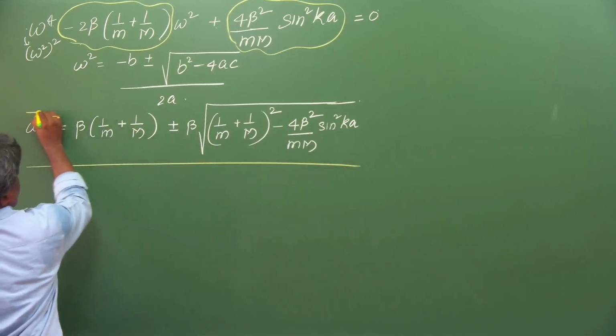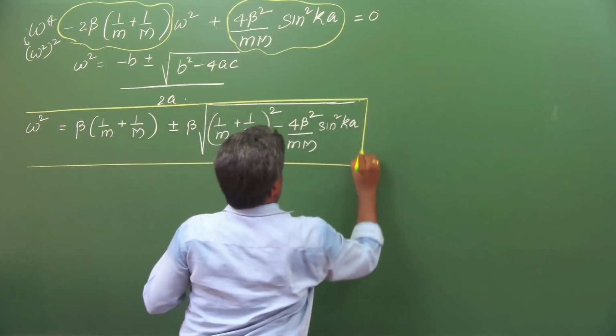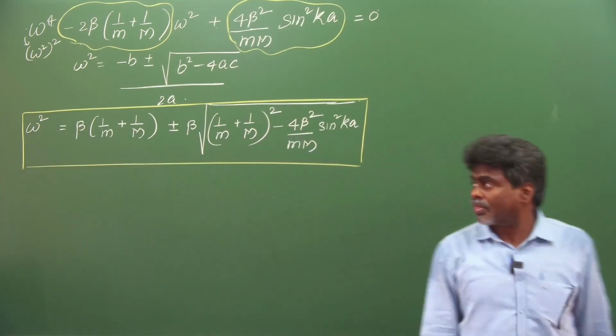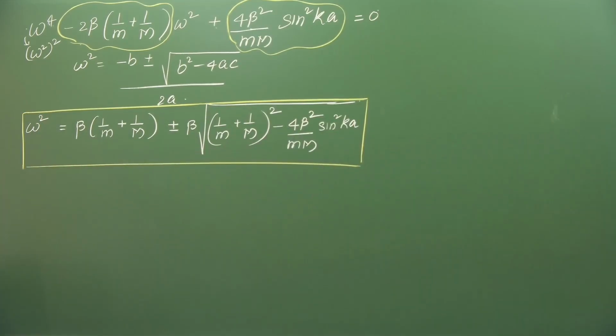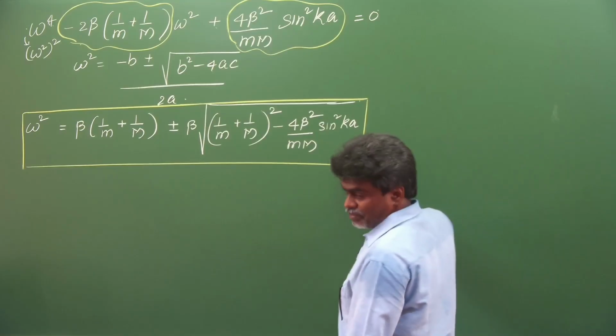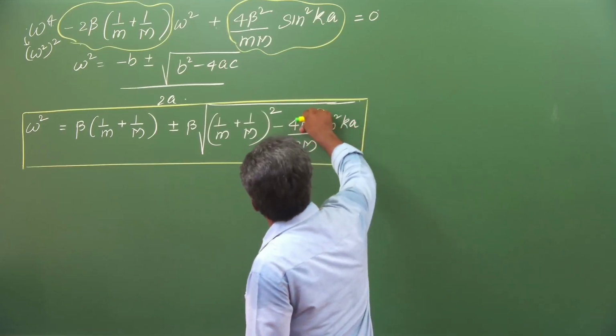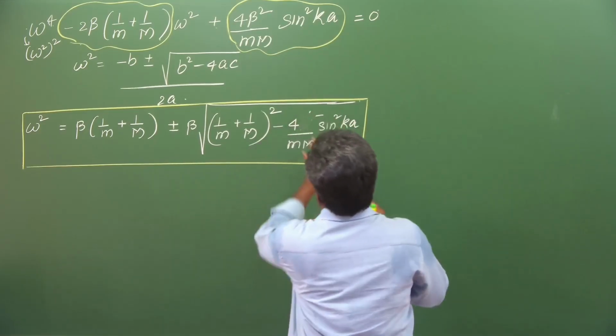Please check. This is the dispersion relation for the 1D diatomic lattice. Check. Beta square is not there? Oh, taken common. Okay.